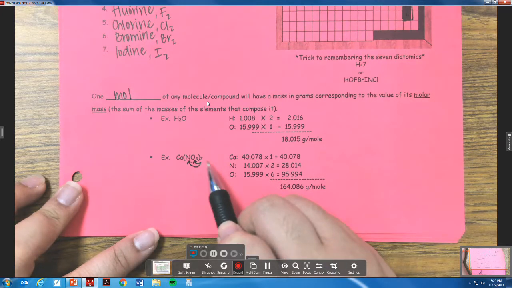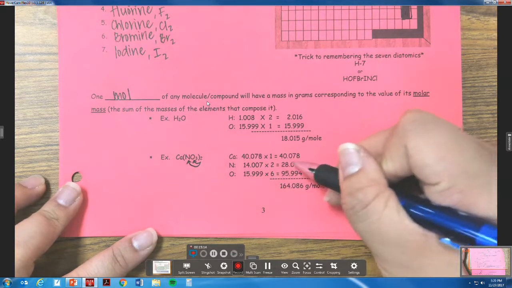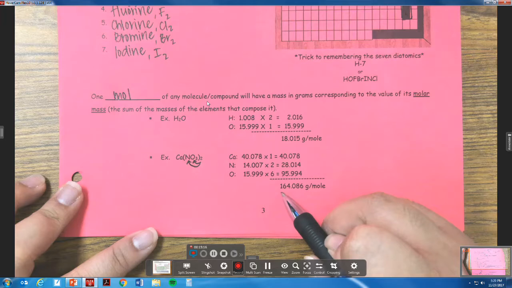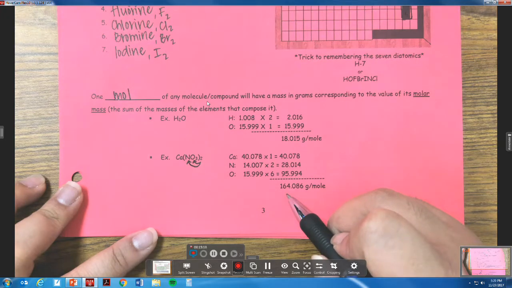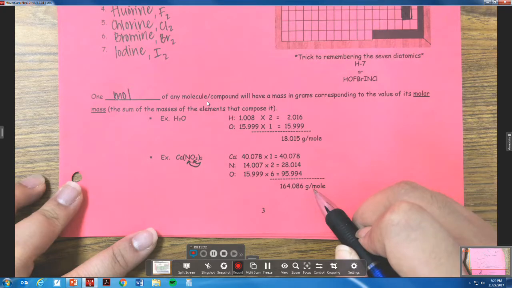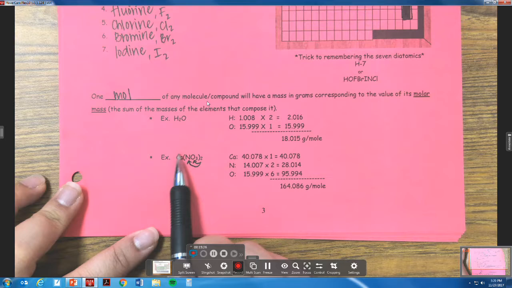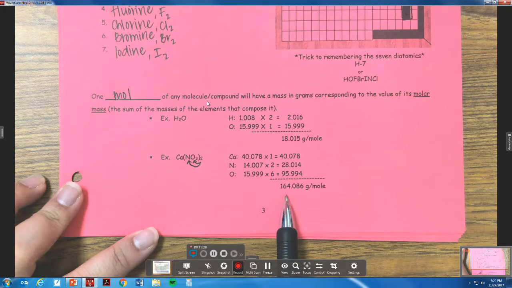So you're going to have to multiply, and when you multiply those all up and add them together, your total molar mass is 164.068 grams per mole. So this molecule right here weighs this much or has this much mass.